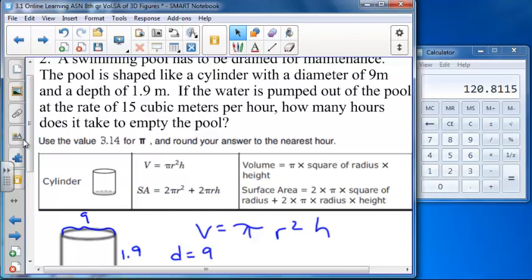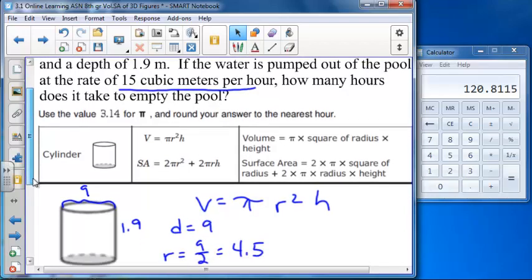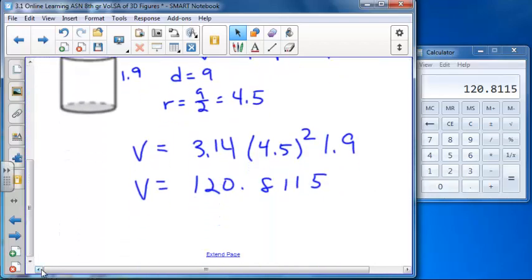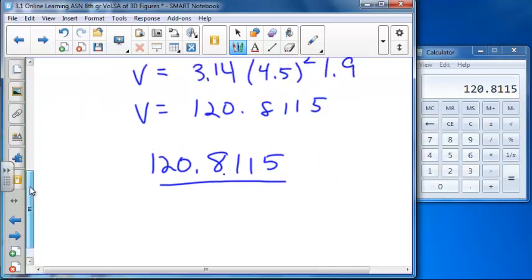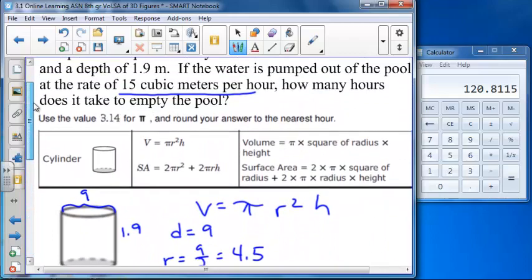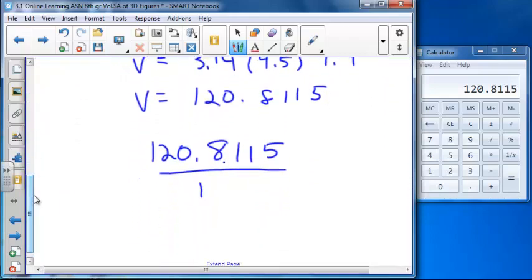The water is pumped out at a rate of 15 cubic meters per hour. So we'll take the volume and divide by the rate. Recall that rate is 15.